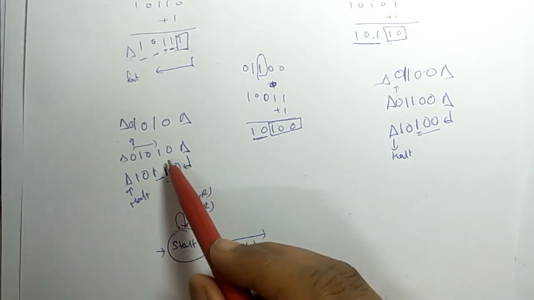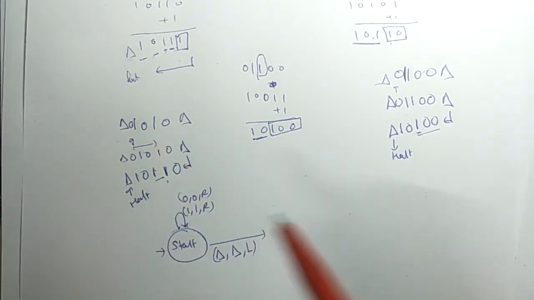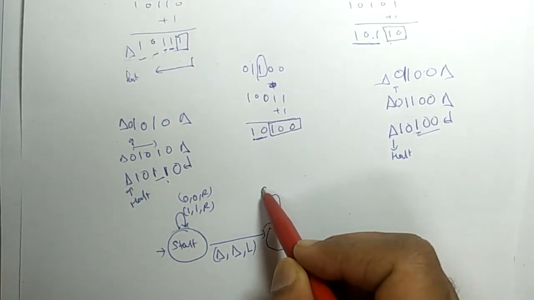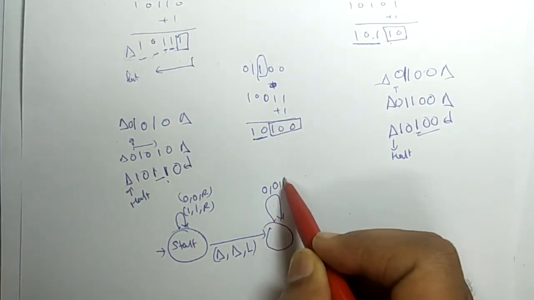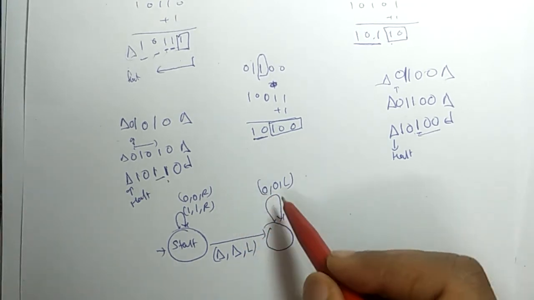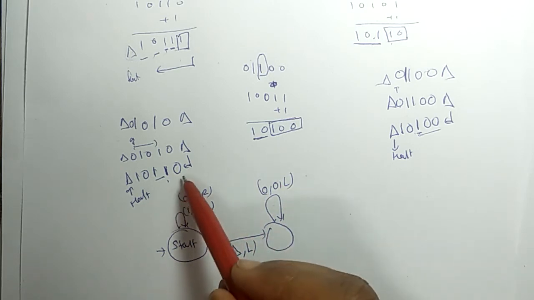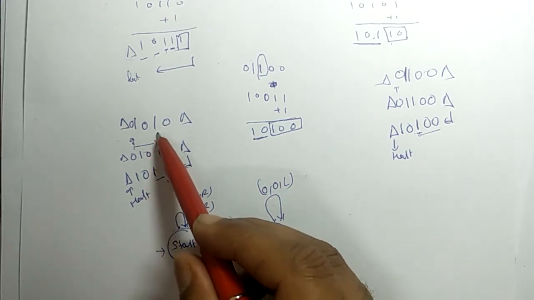When we move to left, we have to find the very first one. So if we get 0, leave it as 0 and move to left, because our goal is to find the very first one from this direction. So we will move to left till the very first one.